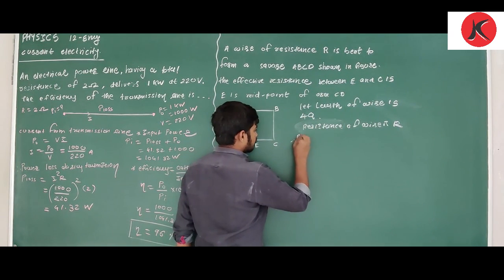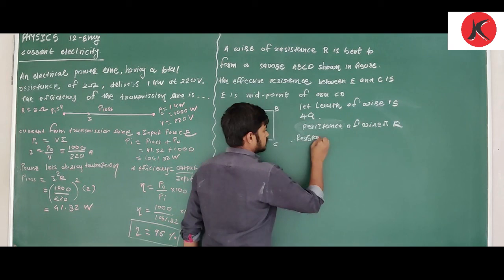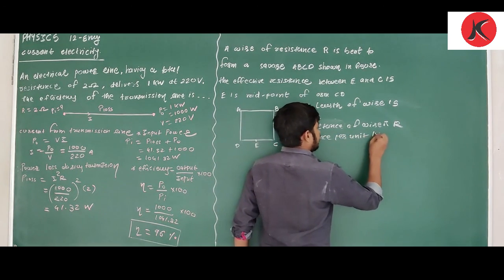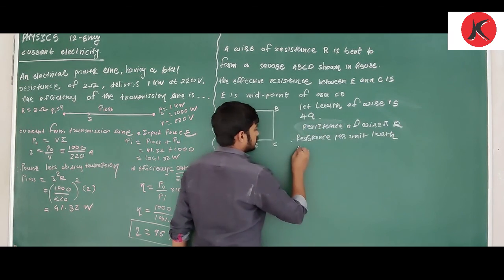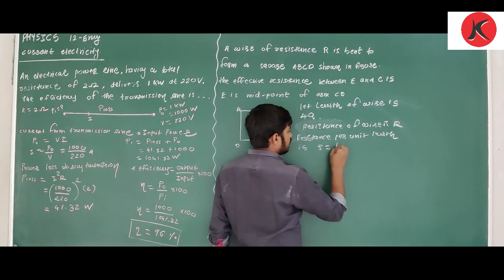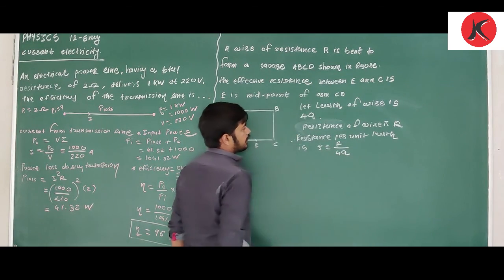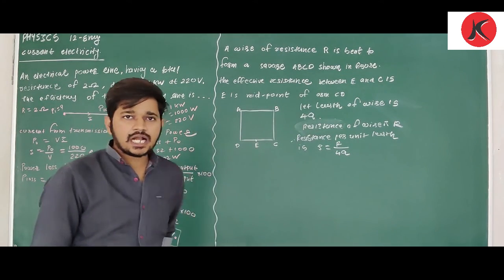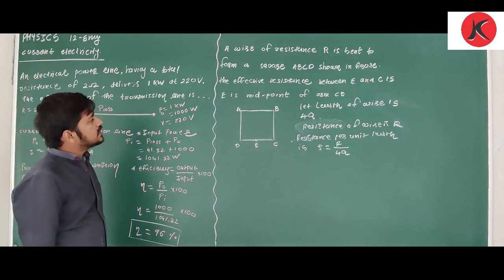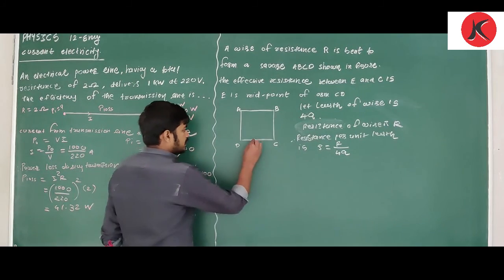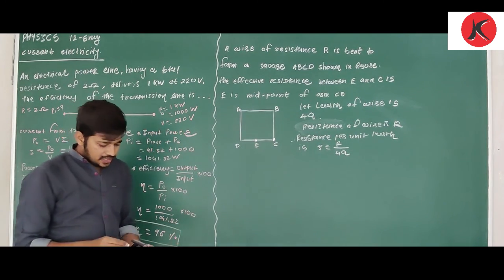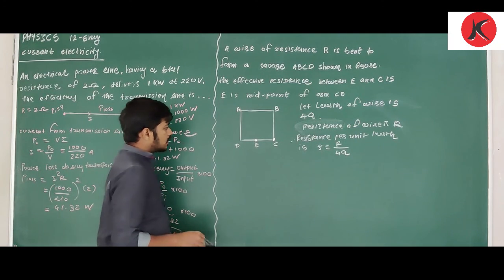Therefore, the resistance per unit length, rho, is equal to R upon 4a. Simple. Now you have to find the effective resistance between E and C. Here it is E, here it is C, between these two points. So see, we can easily divide.